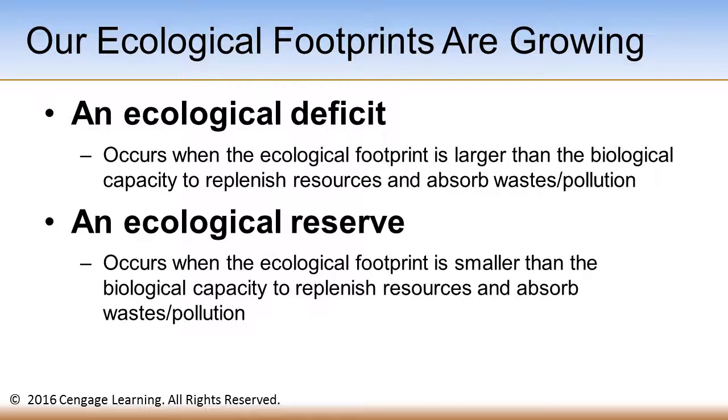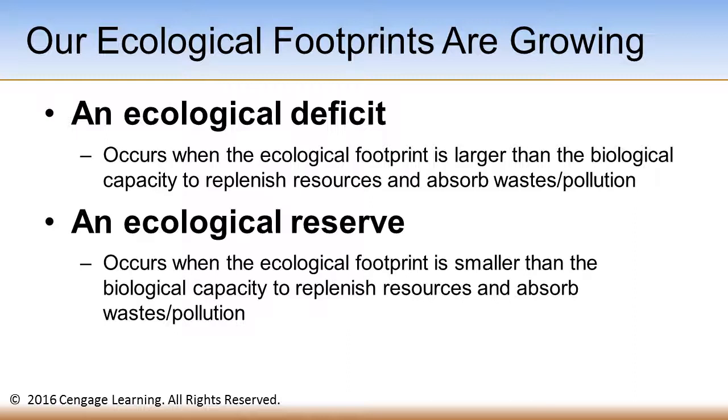So when we look at comparing the ecological footprint for a given region with the biological capacity, we can actually calculate whether or not an area is experiencing an ecological deficit or an ecological reserve. So what you do is you take the biological capacity for that particular region and you subtract the ecological footprint that's been documented for that region.